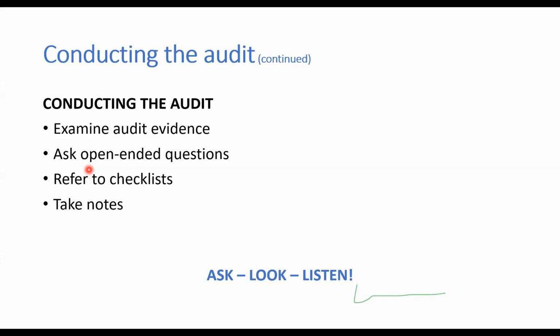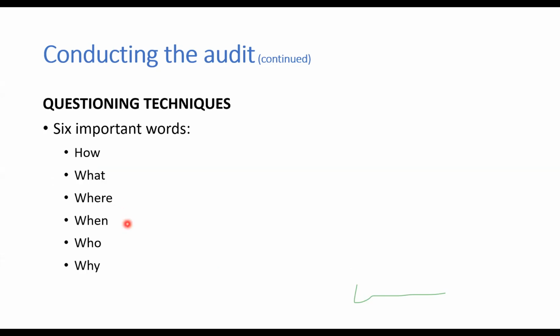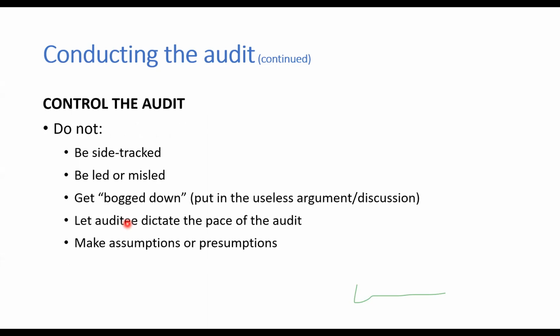If you don't have notes, you cannot conclude your finding. If you have lost your way, then refer to your checklist. Maybe you have missed some important point, so you can get the idea from your checklist. So these are some of the questions or words, like do, does, did. These kinds of things are all our open-ended questions.